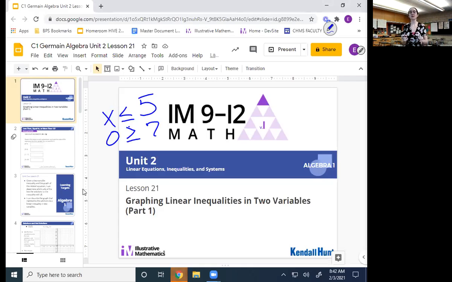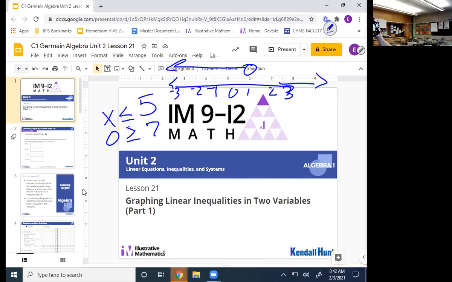So when we go to graph it, it has a solution set that falls on just a single number line, in one dimension. So like if we have 0, 1, 2, 3, -1, -2, -3, we would be graphing them on just a horizontal number line.